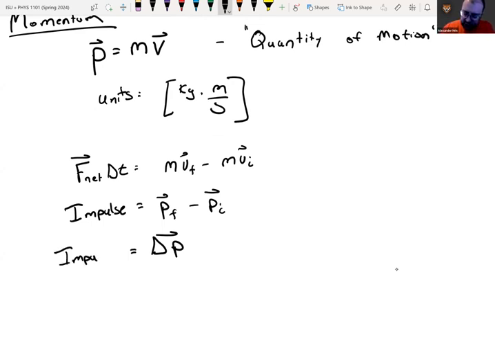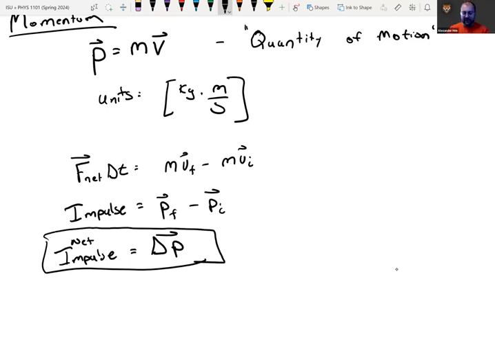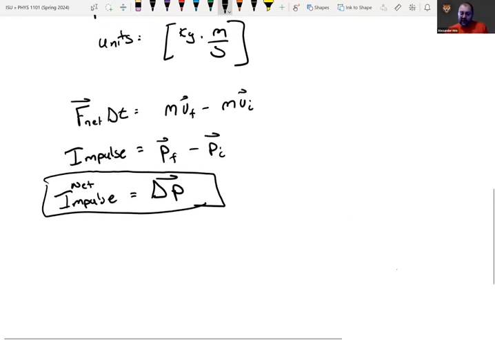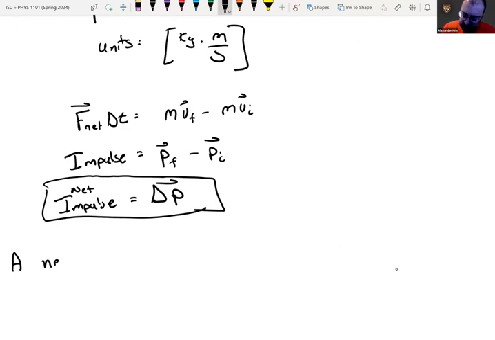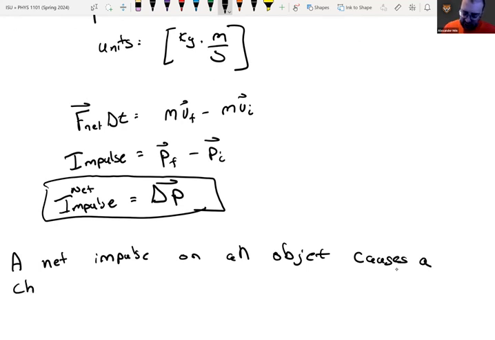So this is the key, and I should include that it is the net impulse because it was F net: a net impulse on an object causes a change in momentum.